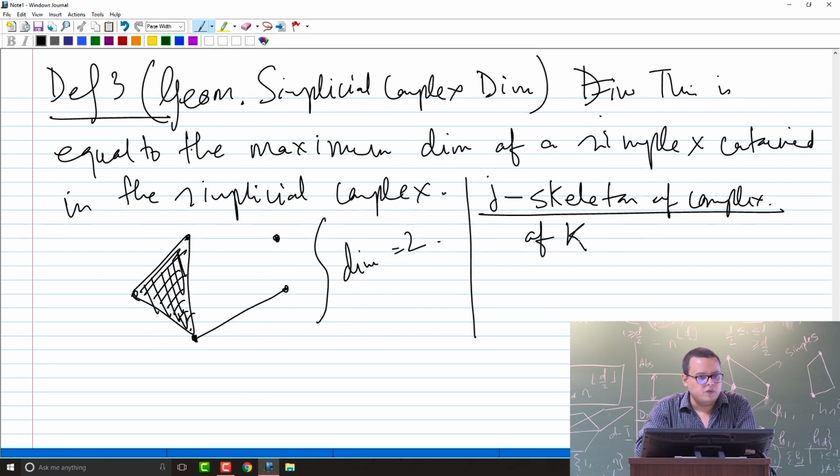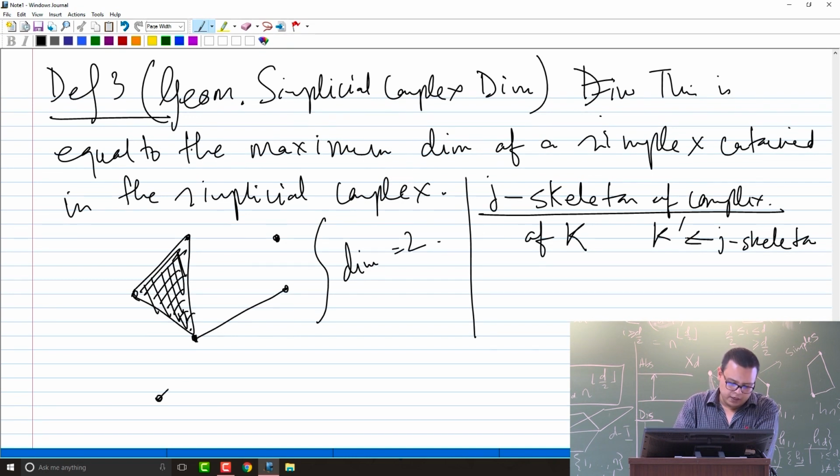Okay. What will I do? I will take all the simplices of dimension less than or equal to j that are contained in K and include them in K prime, and we call that K prime the jth skeleton. So let's say what will be the one skeleton of this complex? It will be basically the vertices and the edges.